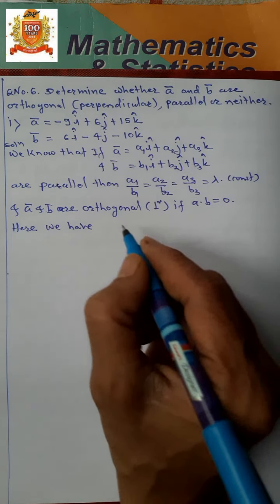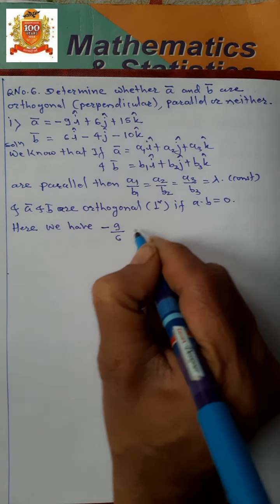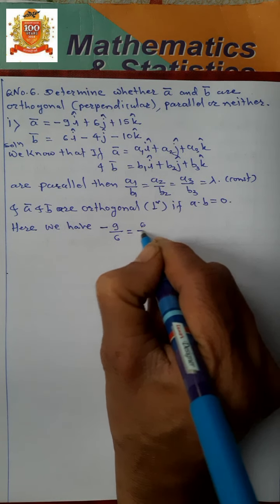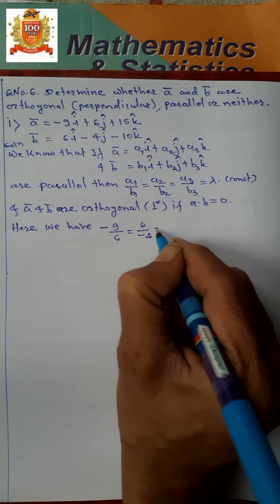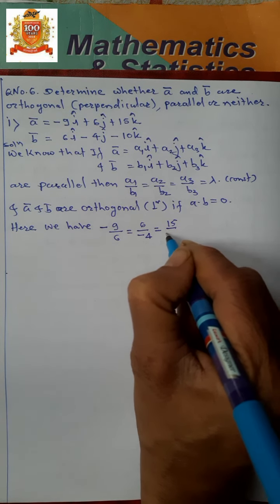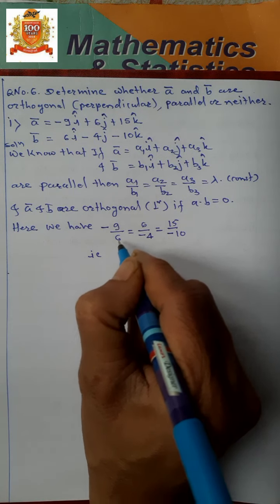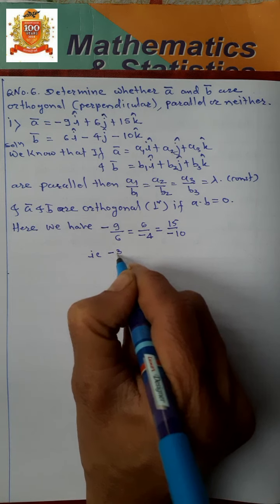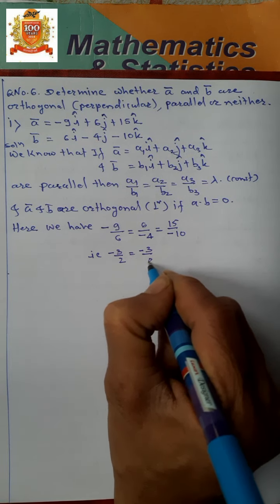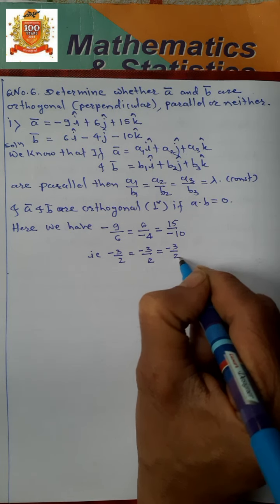Here we have minus 9 upon 6 is equal to 6 upon minus 4 is equal to 15 upon minus 10. That is minus 3 upon 2 is equal to minus 3 upon 2 is equal to minus 3 upon 2.